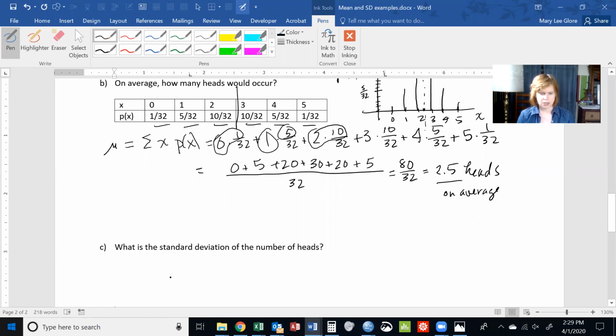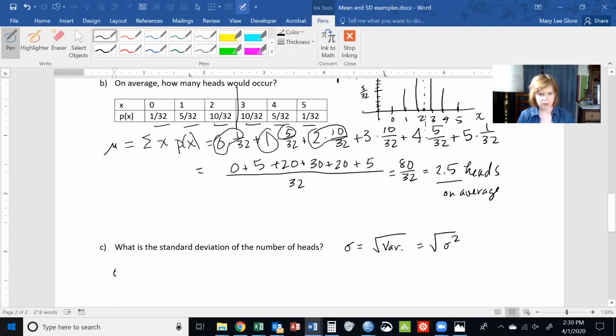And really, when it says spread, it's how far the values are from the mean. The standard deviation is sigma, and it is the square root of the variance, and the variance is sigma squared. So we're going to calculate the variance first, and then take its square root to get the standard deviation.